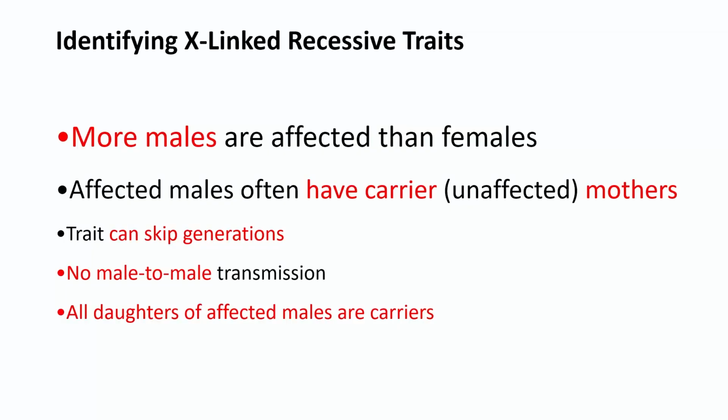So let's take a look at the three different types of inheritance patterns that I have just mentioned, one by one. First we will talk about the identification of X-linked recessive inheritance. How the recessive traits go from one generation to another, and how by looking at the pedigree we can determine it.